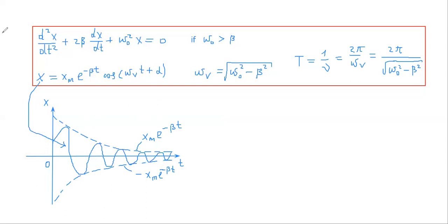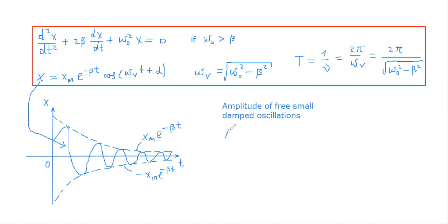Okay, and according to this graph, we can use a new value that is known as amplitude of free small damped oscillations.